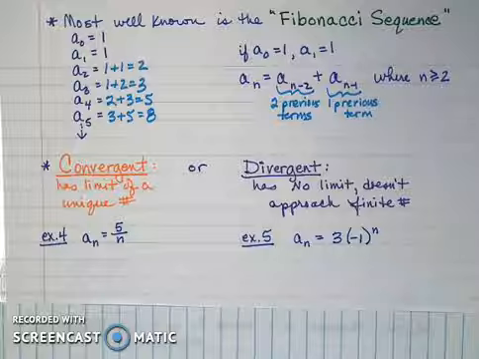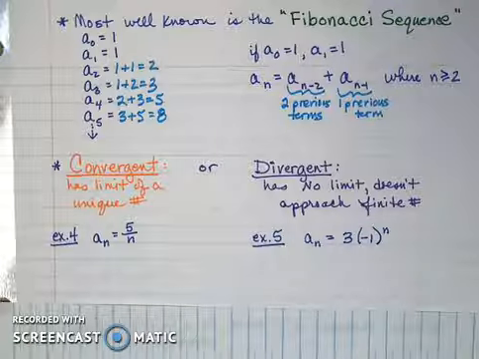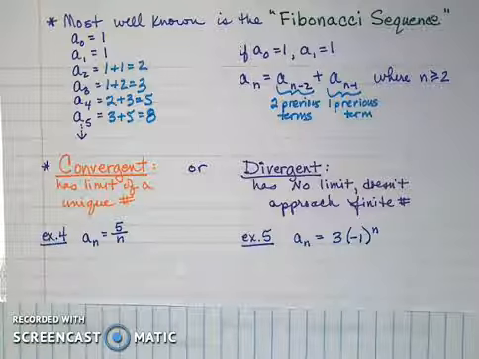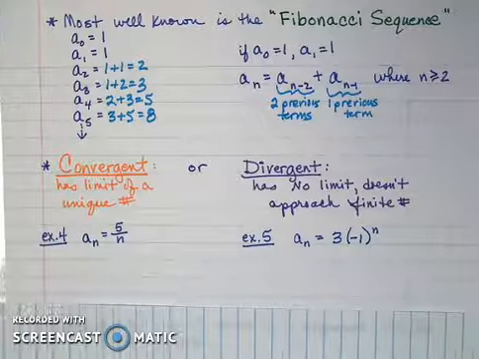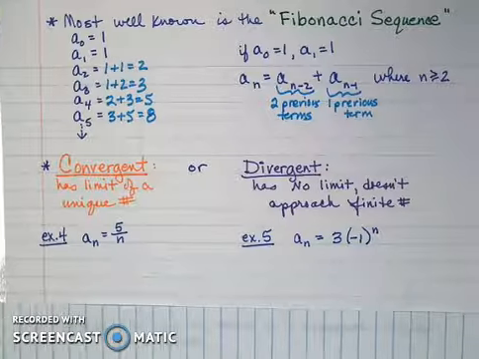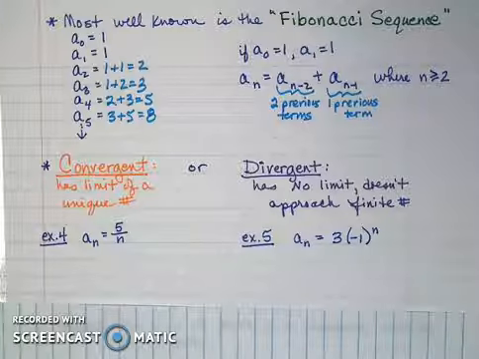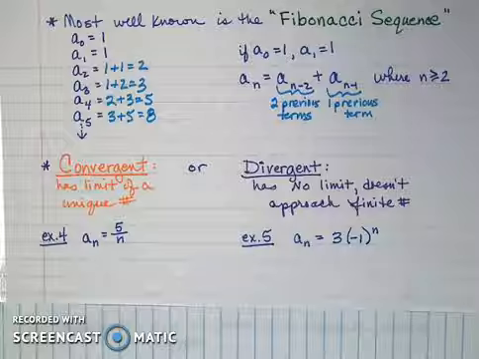You can also tell this by plotting or just putting in values and looking to see, do the values approach one specific number. I think your book suggests taking the sequence out to about 8 or 10 terms and see if it approaches a value. There are a couple different ways to do this. The more familiar you are with the equations, you will just be able to identify what's happening.